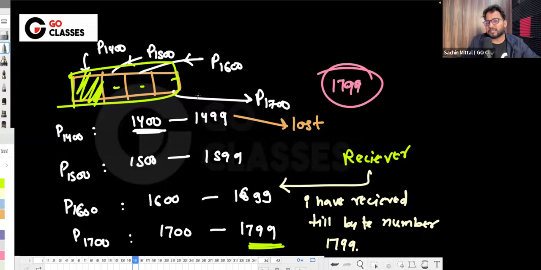As long as we know that this was lost, it means that the earlier packets must have been waiting. I mean, they are acknowledged, but you cannot slide the window. But the moment you retransmit it, the receiver will say that I have received till 1799, right? So the initial sequence number is not needed to solve this question. Okay.